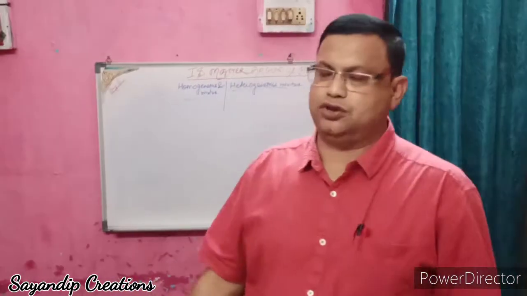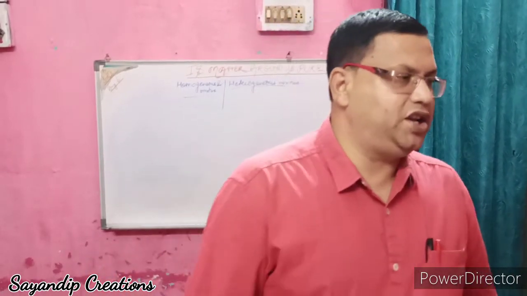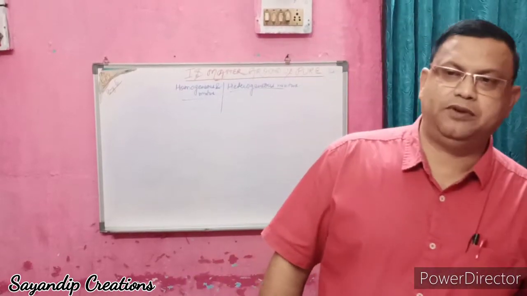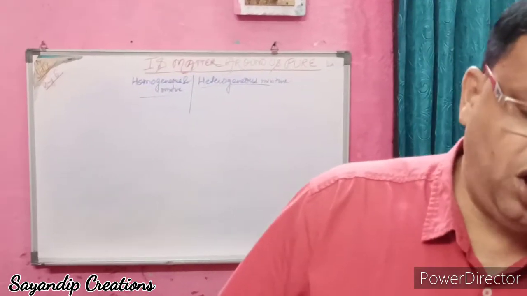Once sugar is dissolved in water, you cannot distinguish the sugar from the water. You can just see water. The constituent particles cannot be separated by sedimentation or decantation. Alloys are examples of homogeneous mixture.